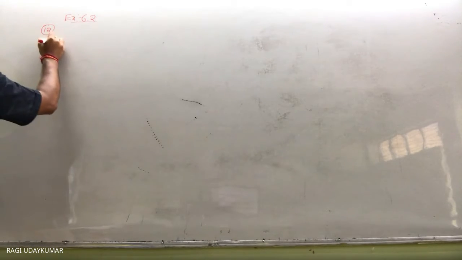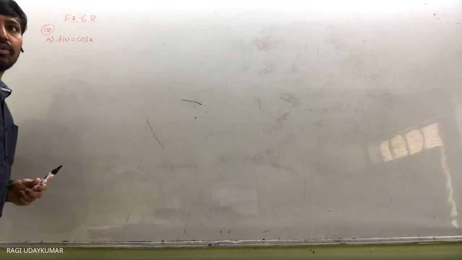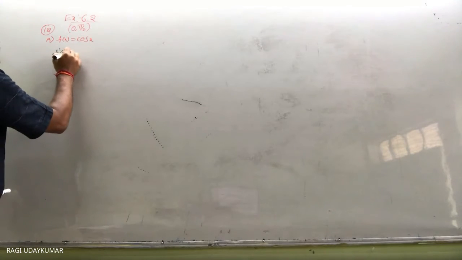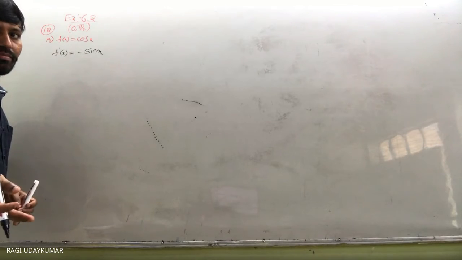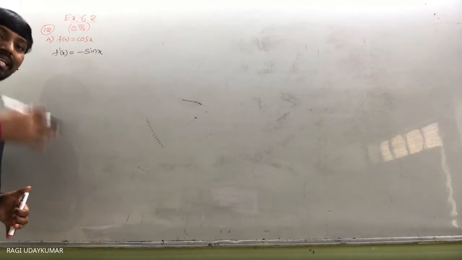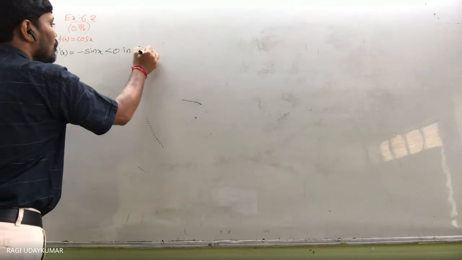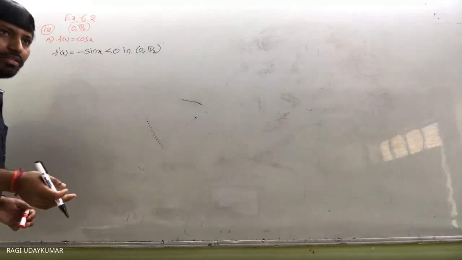In the first one, A is given to you: f of x is equal to cos x. What is the interval given to you? 0 to pi by 2, the first quadrant. So what is the differentiation of cos x? f dash of x is equal to minus sin x. Sin x is positive in the first quadrant, so minus sin x is negative in 0 to pi by 2. dy by dx is less than 0.